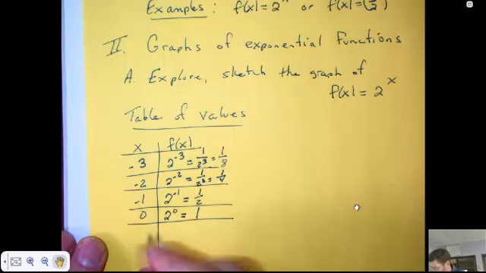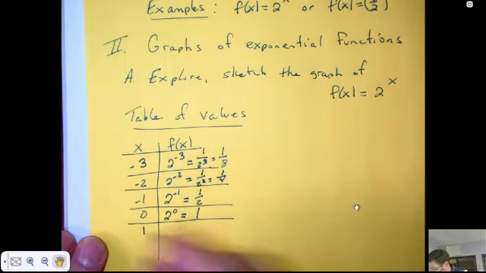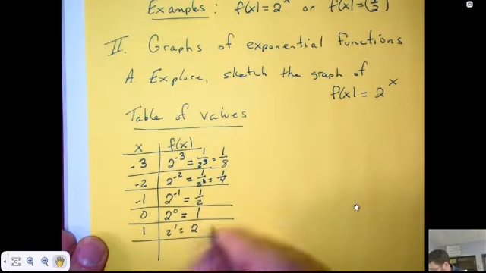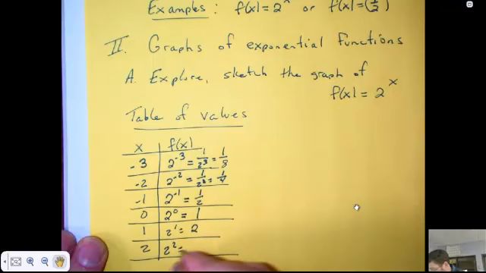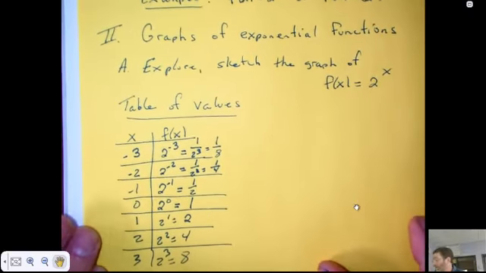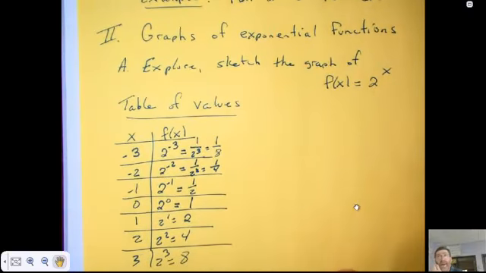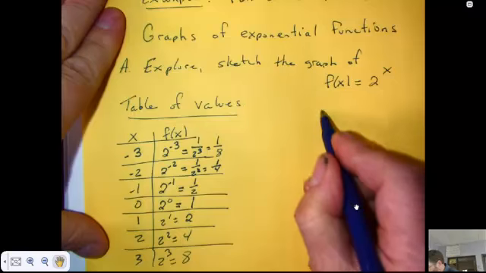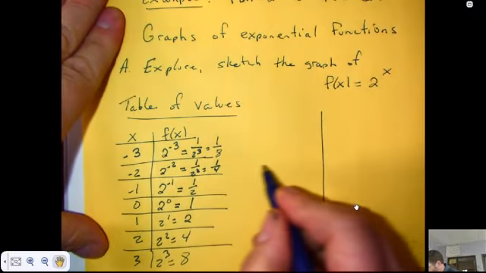It's always an interesting concept. 1 would be 2 to the first, which is 2. 2 squared is 4. 3 gives 8. So again, that gives us a pattern to look at, because we can extend that pattern to see what we can conclude about this graph.